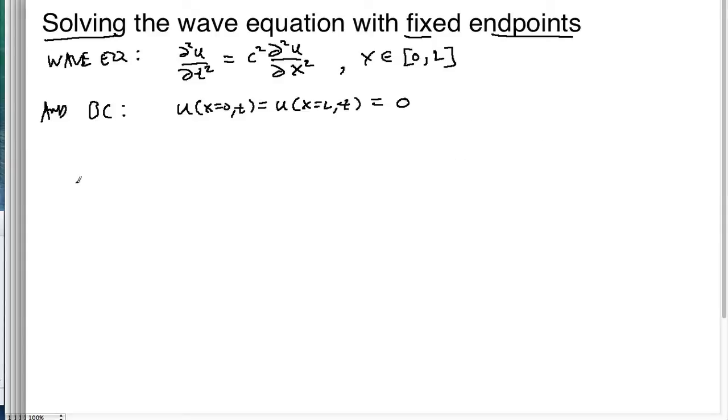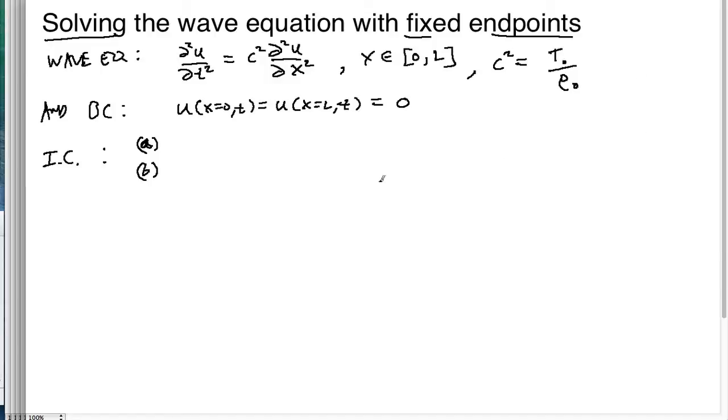And then finally we need to talk about initial conditions. There are actually two initial conditions here, because we're talking about a mechanical system involving masses. Another point we need to write down is that c squared is equal to the tension on the string divided by the mass density.